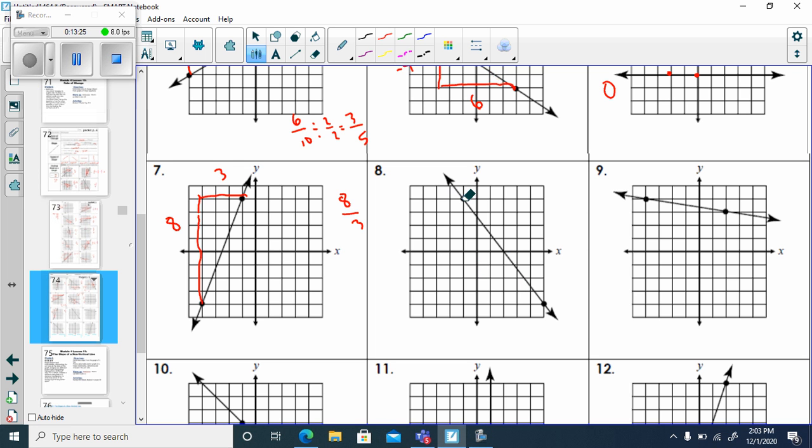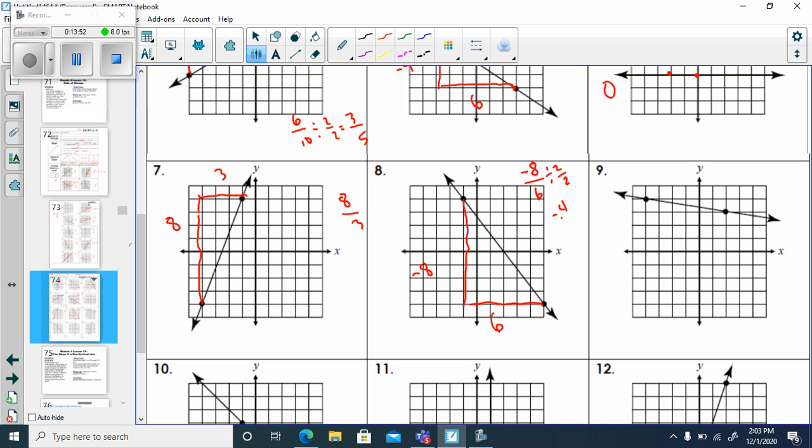Now I'm going down. Let's count this one. I go down 1, 2, 3, 4, 5, 6, 7, 8. I'm going down 8. And I'm going over 1, 2, 3, 4, 5, 6. Down 8 and over 6. Okay, let's divide that by 2 over 2, so we can simplify it.